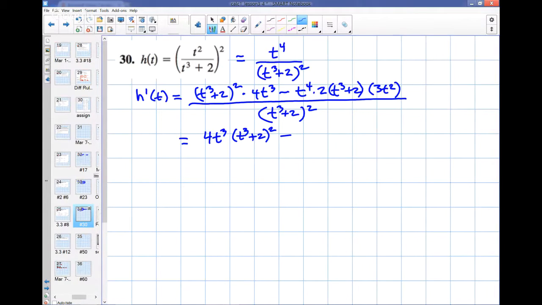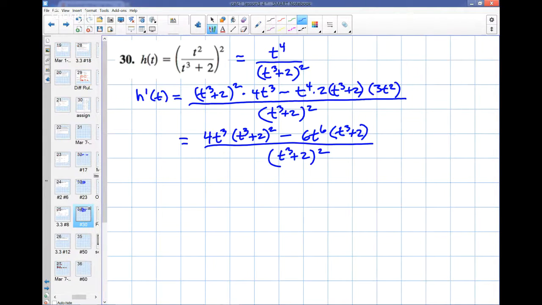I can multiply all of those. And that would give me what? Negative 6t to the 6th. And then I still have the t cubed plus 2 in there. And all of that's over t cubed plus 2 quantity squared.